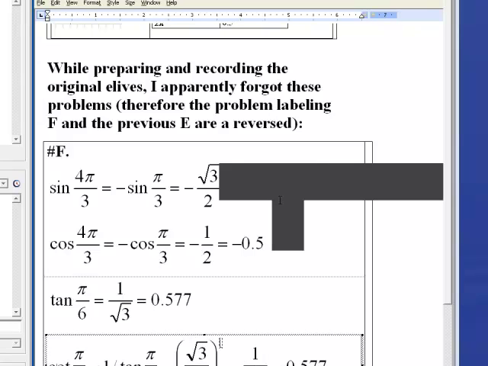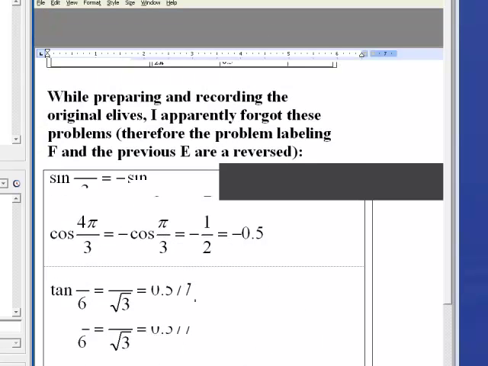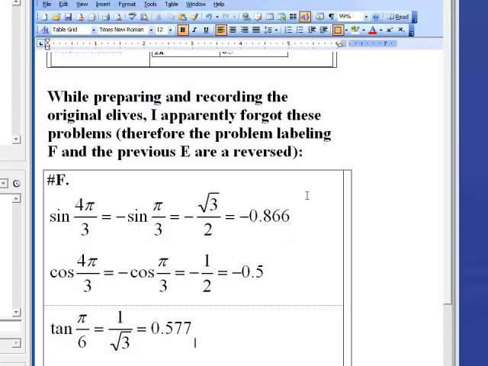Because of that 1 over here, when we do that, we come up with 1 over the square root of 3, which of course is 0.577 as well. That's why I copied this one here earlier. And that was problem F, the add-on to the section 3.2 problem section.